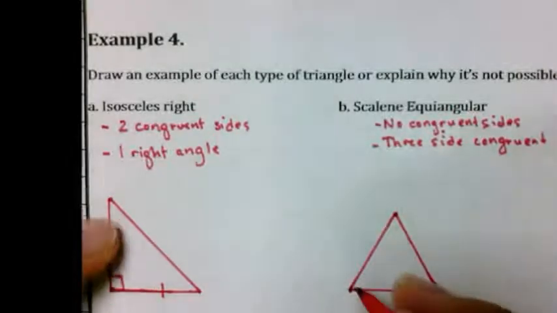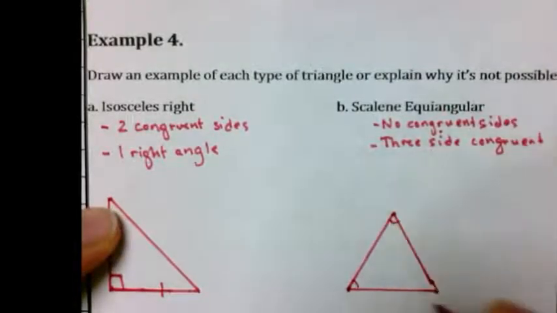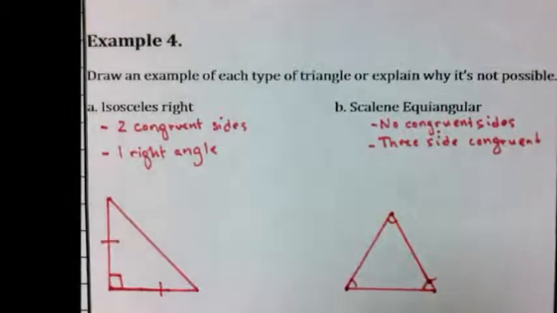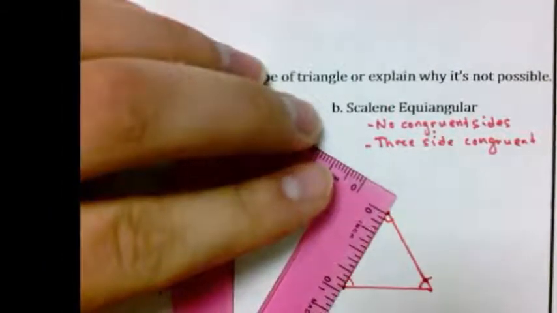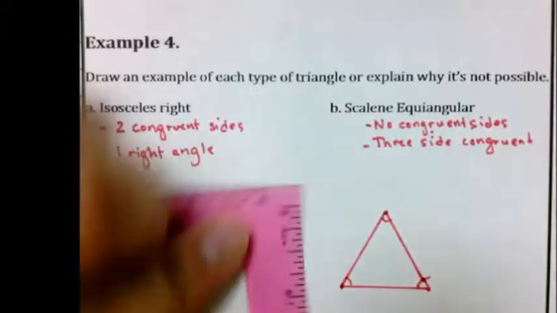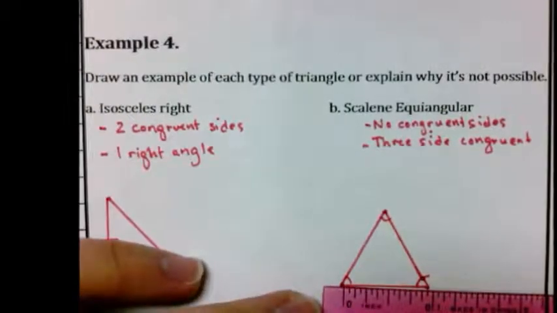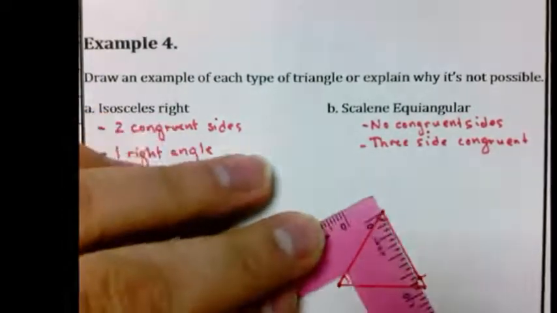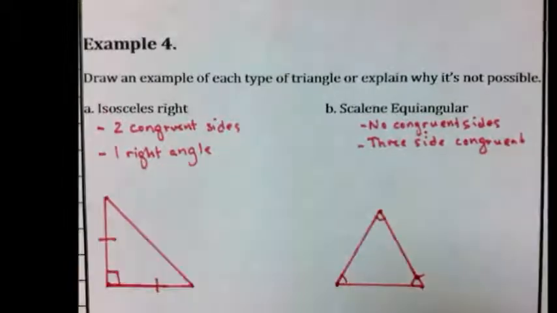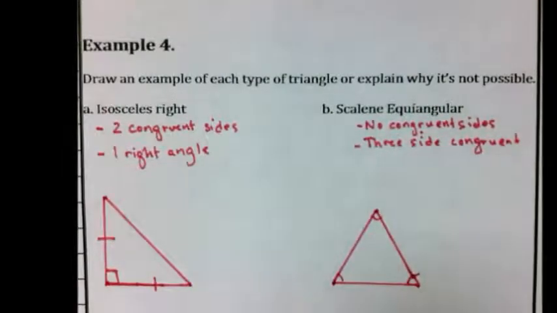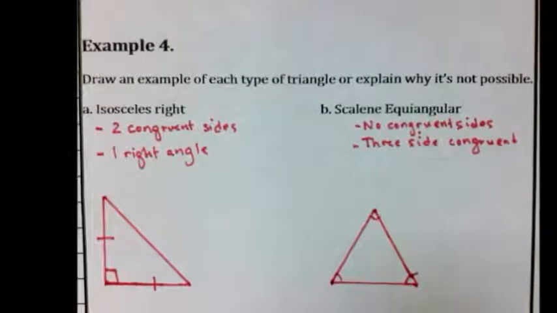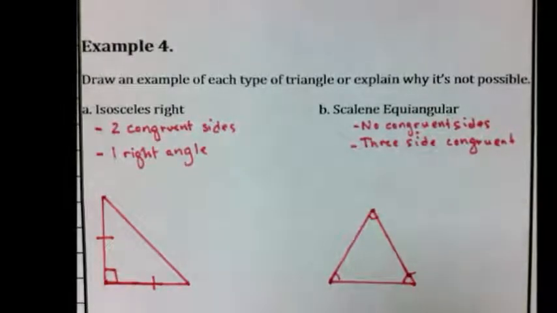Alright, so all three of these angles are congruent, right? And what we'll notice is if we measure the length of all three of these sides, we're going to get that all of them are the same length. So what I'm saying here is that a scalene equiangular triangle is not possible.